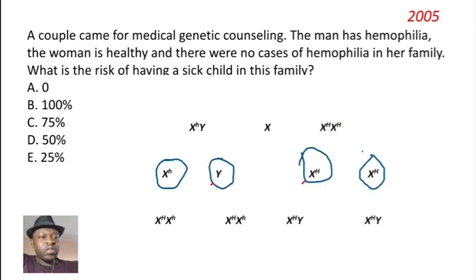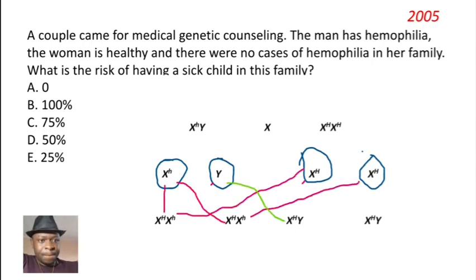These are the gametes for each and every parent. And then if you do the crosses for the first filial generation, this is what will happen. If you check the first one here, you can see this girl. She is normal, she doesn't have hemophilia, but she is a carrier.